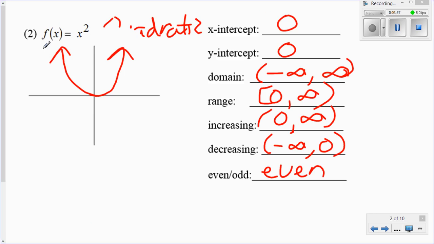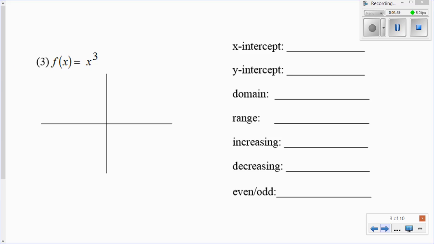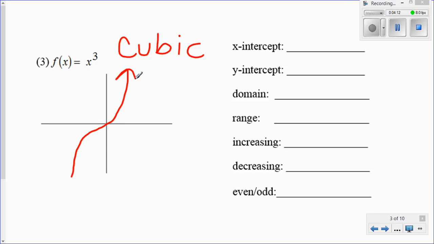Okay, moving on. All right, number 3. This function is x cubed, so we call this a cubic function. And the graph actually looks like this. And again, it goes through the origin, so the x-intercept is 0, the y-intercept is 0.